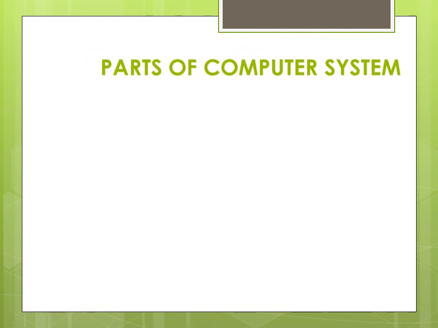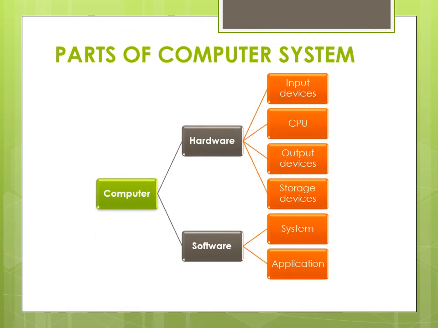I'm showing you the parts of a computer system in the form of a hierarchy mind map. What are the parts of a computer system? A computer has two parts, software and hardware. From the hardware, we have four devices: the input device, the CPU, the output device, and then the storage device.